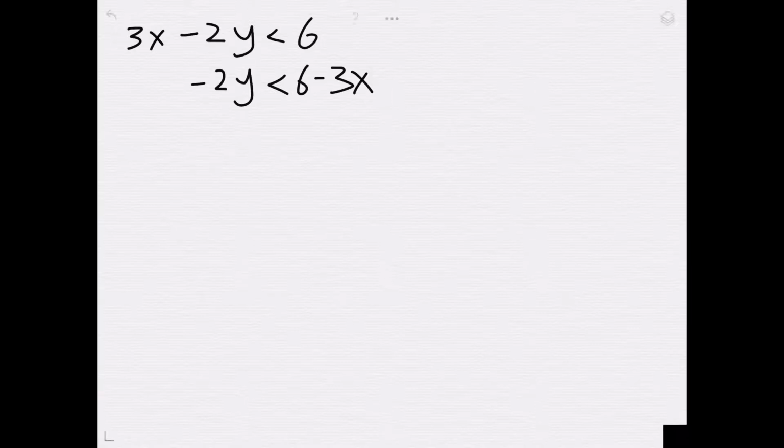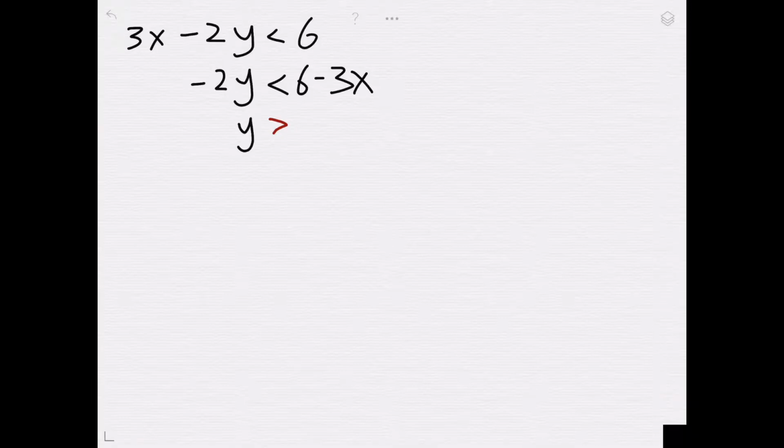So first I need to write down the equation, less than 6. And then minus 3x on both sides. Then you need to divide by -2 on both sides, so you need to change the inequality sign.